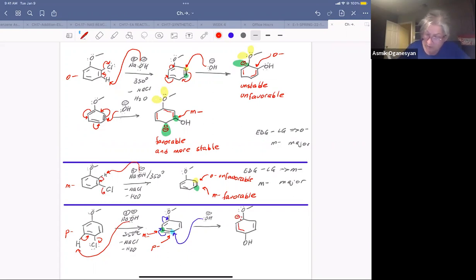Very much the same picture that we saw with ortho substitution. And that's not good again. So we can see that in case of para substitution, with the electron donating group and a leaving group being para to each other, the meta position is going to give us the major product.